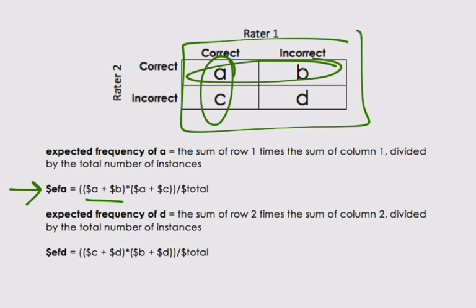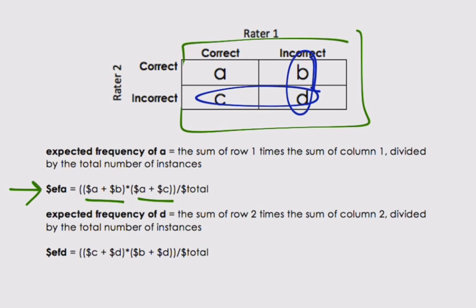I added up $A and B, that's the row, and I multiplied that by the sum of A and C, that's the column, and I took all that after I multiplied them together and divided it by the total, A, B, C, D. That's a lot, but I will make step-by-step directions for you guys as well. So you get the expected frequency of A, and then you're going to get the expected frequency, if we only purely guessed, for D as well.